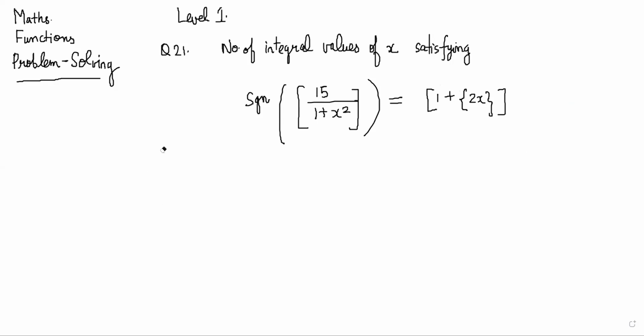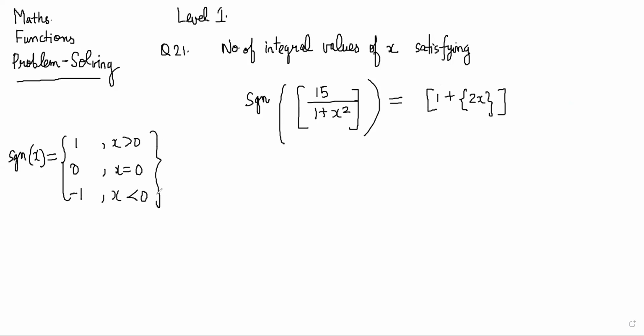First of all, you need to know what the signum function is, which we have discussed, I think. Signum of x is basically 1 if x is greater than 0, 0 if x is 0, and minus 1 if x is less than 0.